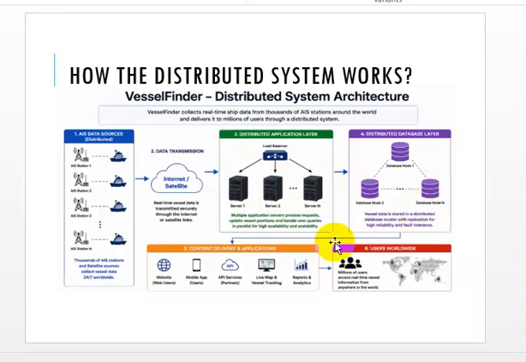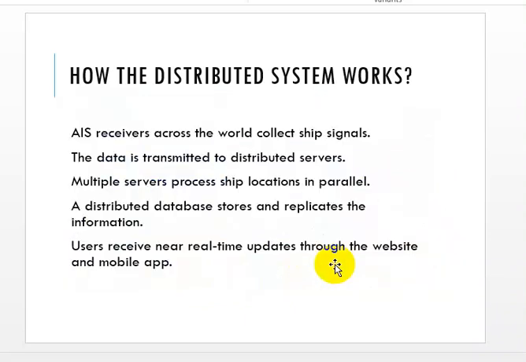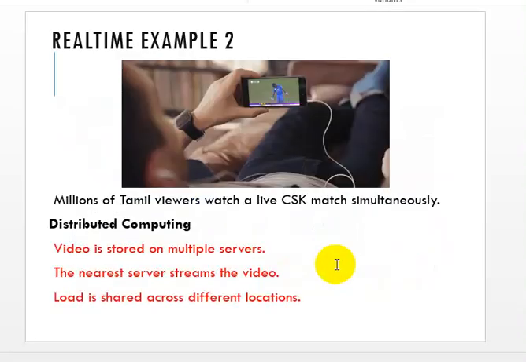From the distributed layer, the content delivery applications work. Based on the user's view, the content will be displayed on their display. So these are the explanations we have already seen.